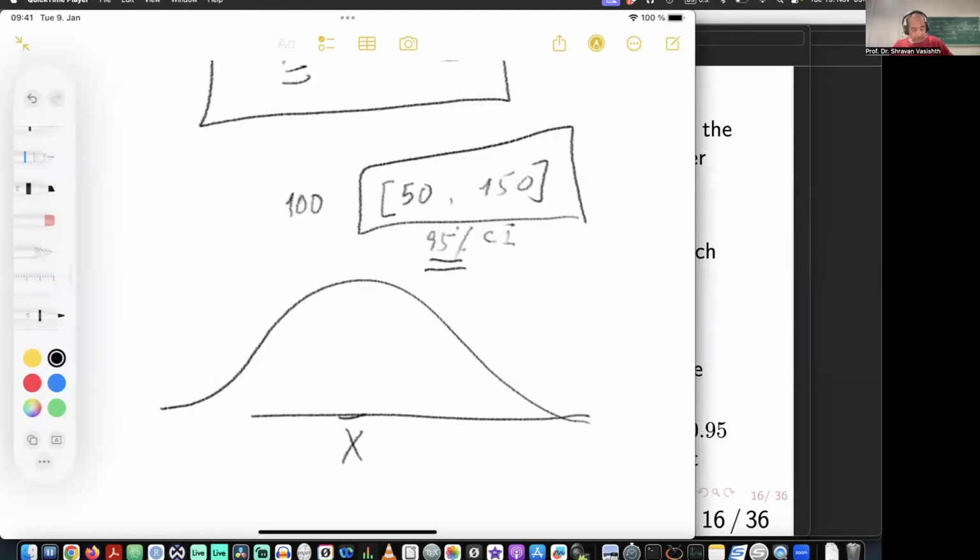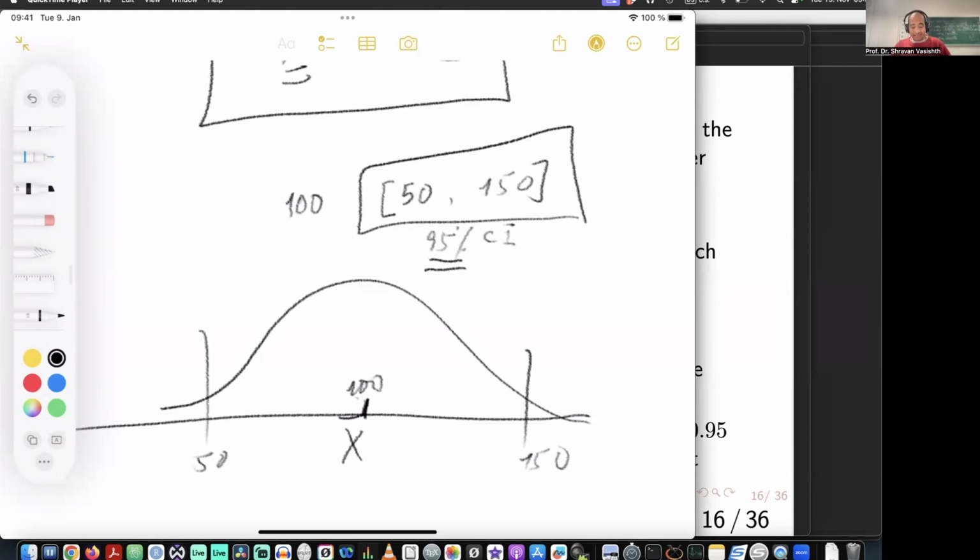So if the confidence interval is very broad, right, say it goes from 50 to 150, and the mean is, let's say, 100 in my example, right? What this is telling you is that under repeated sampling, your sample mean is likely to vary a lot, from 50 to 150 with probability 95%.